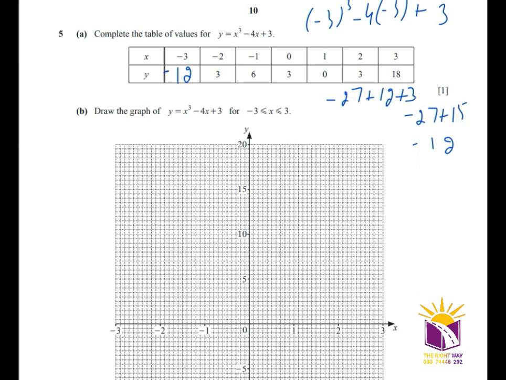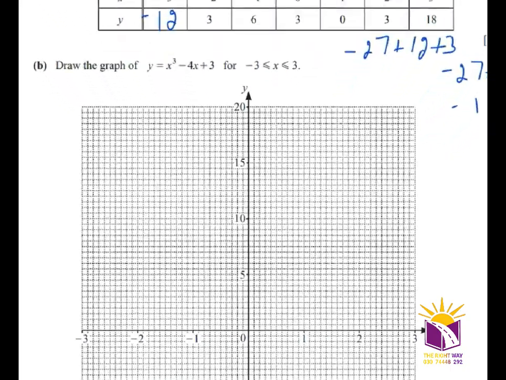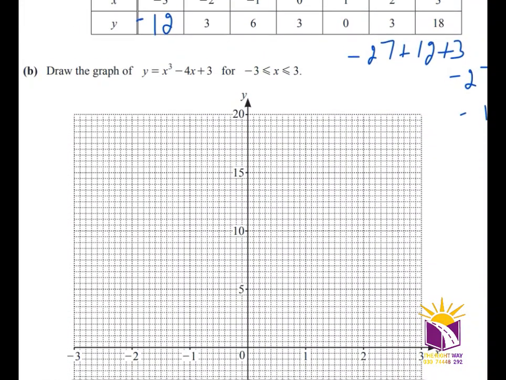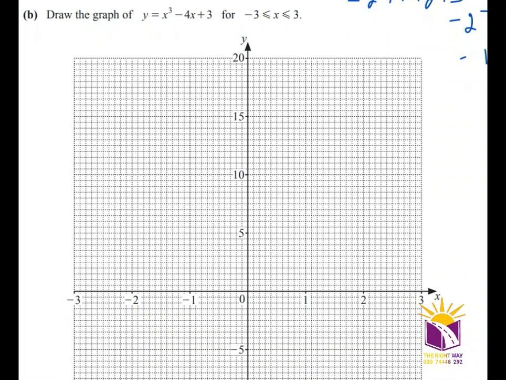Now draw the graph of the table given above. For minus 3 we have the value minus 12. Two blocks are representing one number.